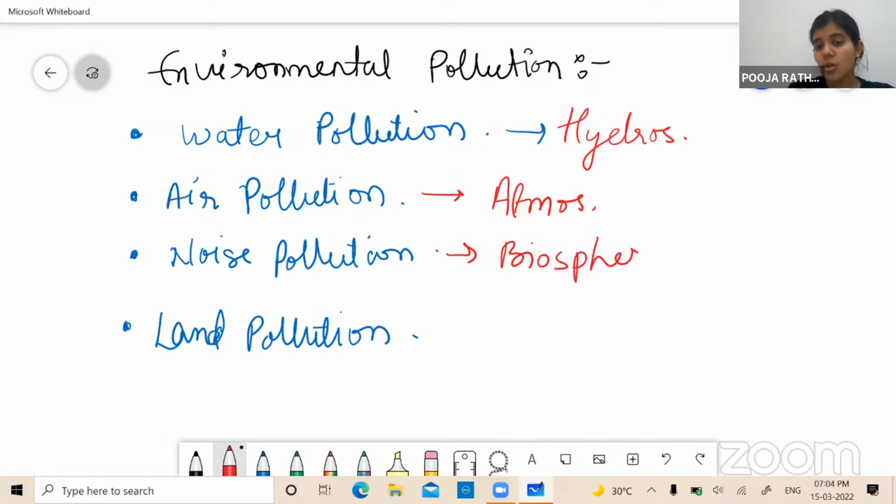The biosphere contains all the living beings, and noise pollution has a very targeted harmful effect on living beings. Then land pollution is harming what? It is harming our lithosphere. So see, why did I explain the spheres first? Because spheres are directly related to these pollutions. Now we will understand them in detail.